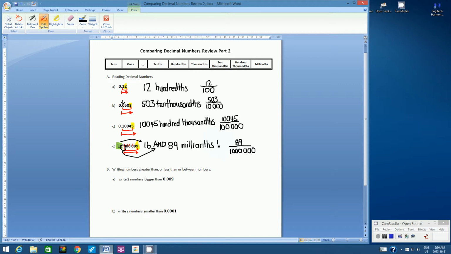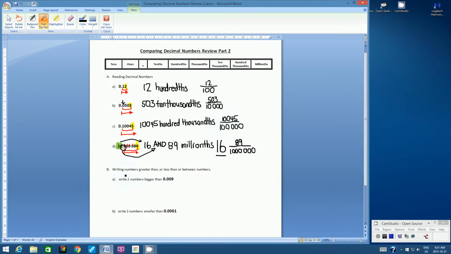Well, you know what a mixed number is. We put the whole number here in front of the fraction. So a mixed number is simply a whole number combined with a fraction. So this is the fraction of 16 and 89 millionths. Okay? All right, so that is section A.